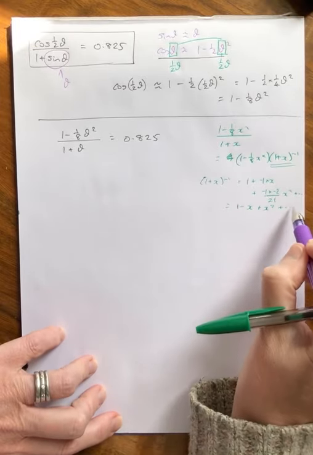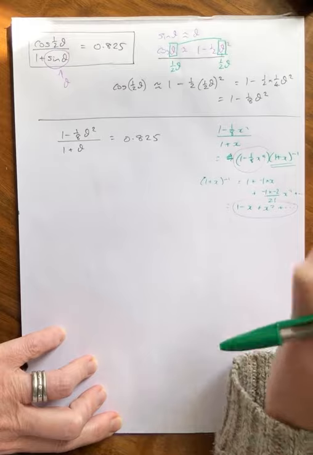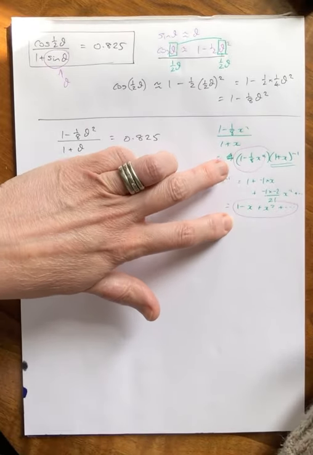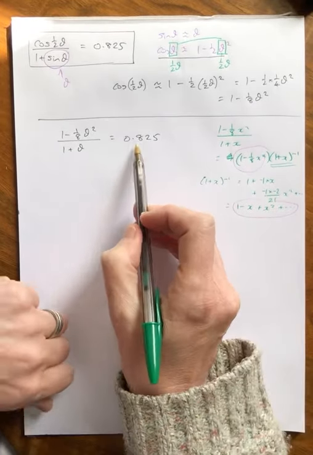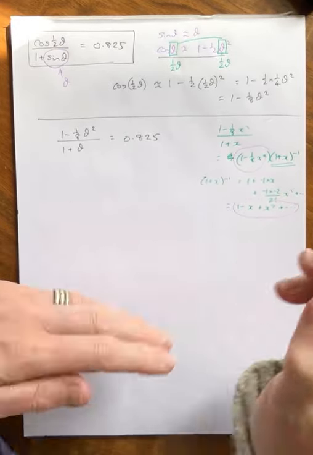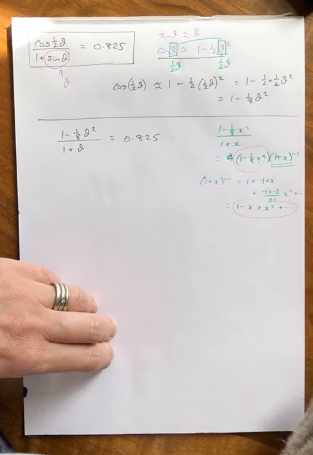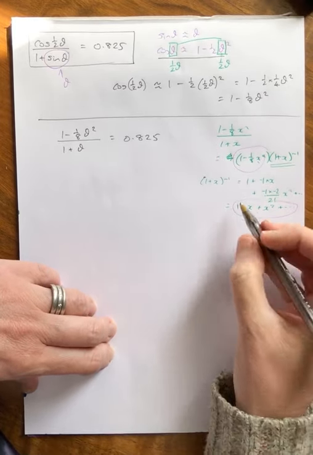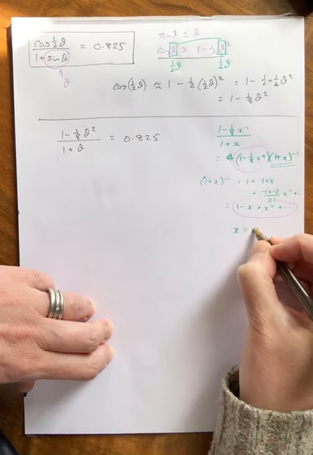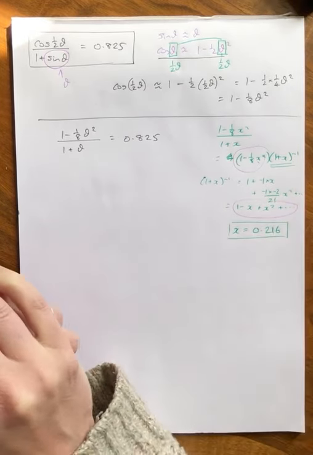So you could potentially multiply that by that, and then you end up with an expression equals 0.825. You can find that expansion up to a term in x squared and get a quadratic. That's an approximation, but you end up with an answer which isn't the answer given.